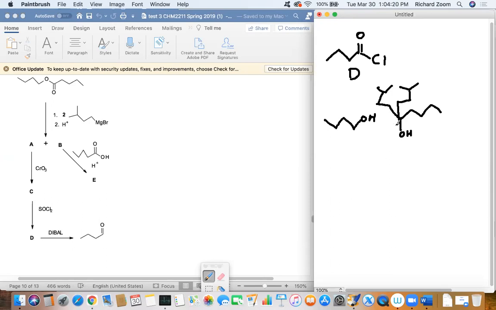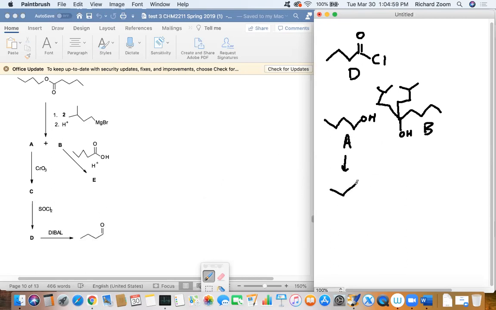Okay, so this is going to be A and B, but we don't know necessarily which is A or which is B yet. What I can say is that if we know that that's D, it's more likely that this here is going to be A, because A has the same number of carbons as D does. Or even if you want to look at this, you can see it's got 4 carbons. There's no way that B here could ever form anything that even looks remotely like this, given its initial structure. So it's a fair bet that this one's A and this one's B.